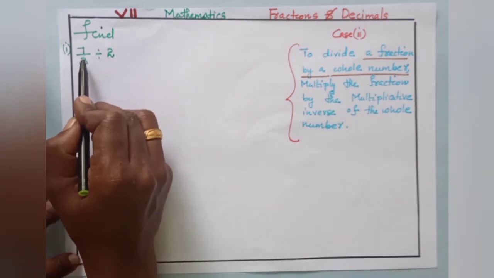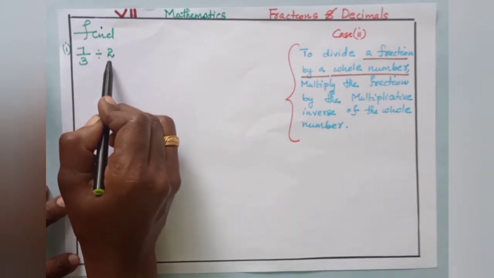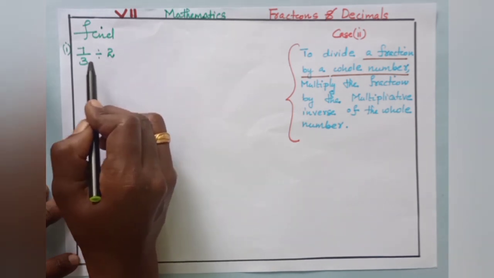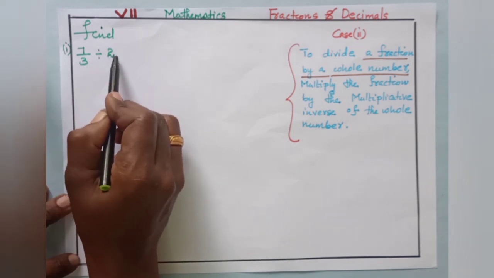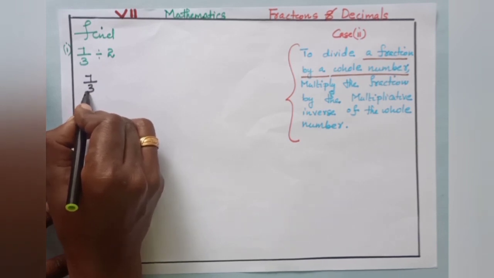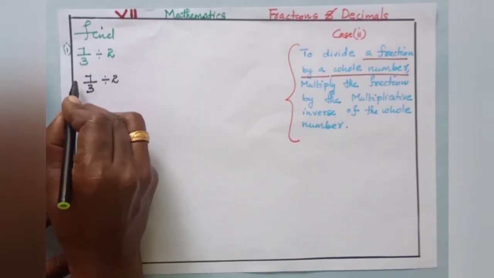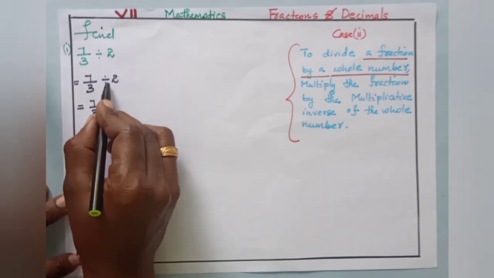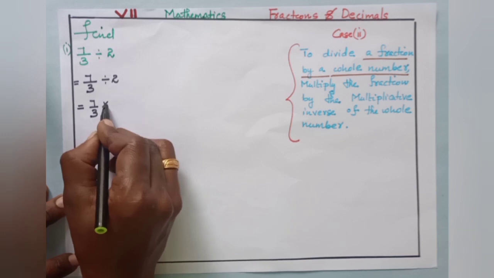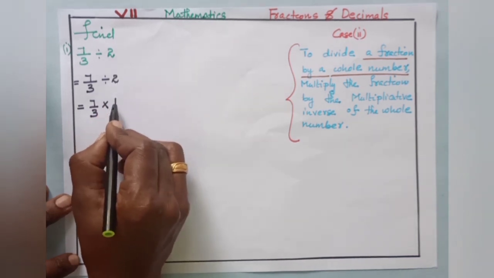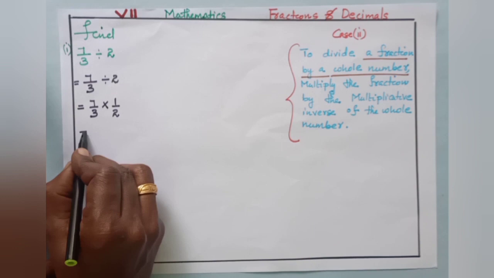First question, 7/3 divided by 2. So to divide a fraction by a whole number, multiply the fraction by the multiplicative inverse of the whole number. The fraction is 7/3. Division changes into multiplication. Multiply by the reciprocal of the whole number. Whole number here is 2. Reciprocal of 2 is 1/2. Multiply.